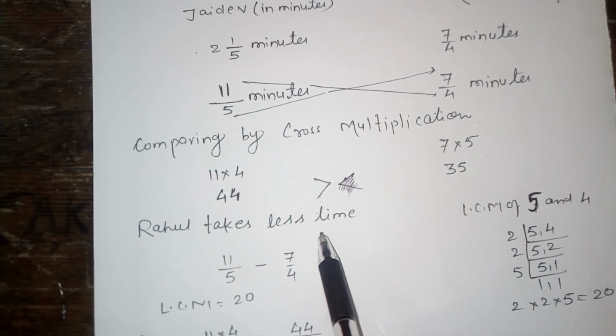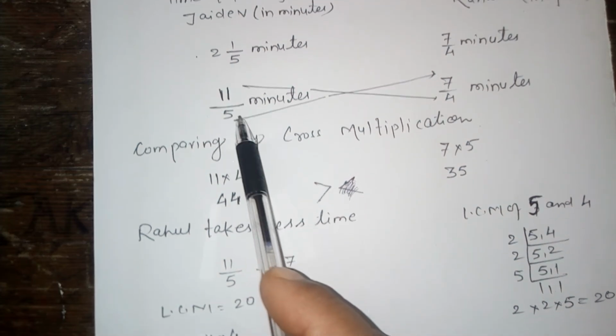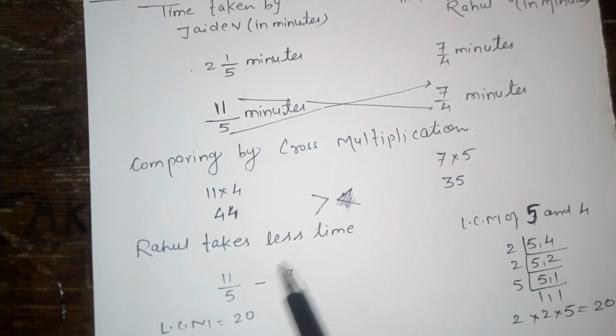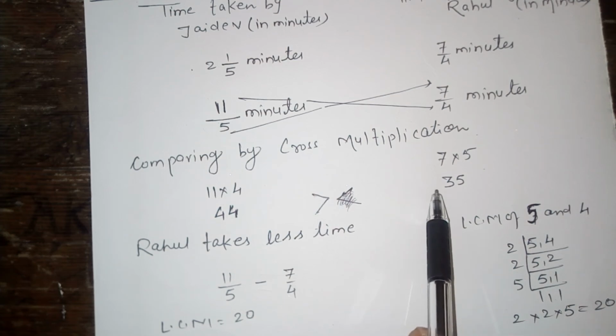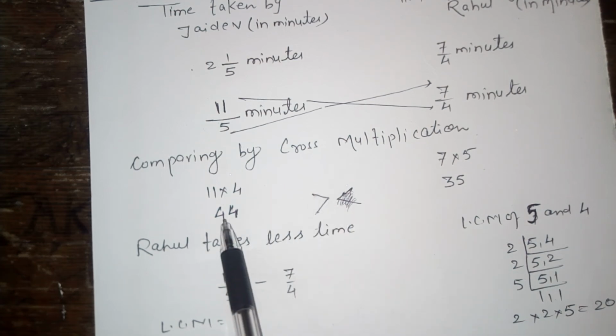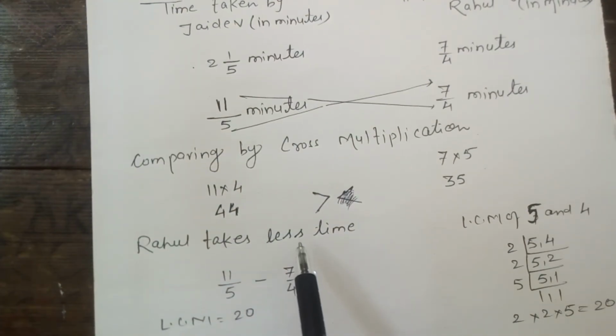In this question we will take out the fractional part of the less time. So 11 upon 5 minus 7 upon 4. The meaning is Rahul takes less time but Jaydev takes more time. So what will you do? 11 upon 5 minus 7 upon 4.